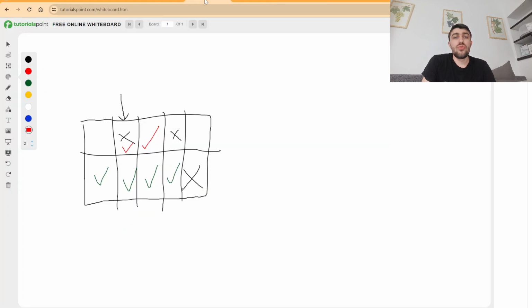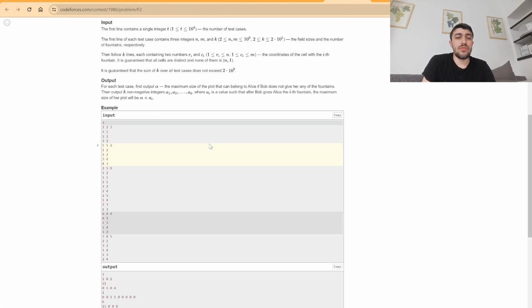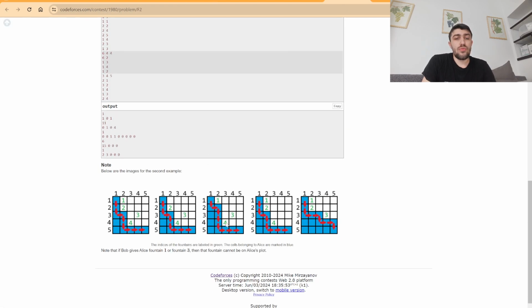Now for F2, things will get a bit complicated, because in one of the samples, for example, if we remove 4, as you can see, we get an improvement both by removing this and having these 3 places now coverable by Alice, but we also get this other place, which is also coverable by Alice.